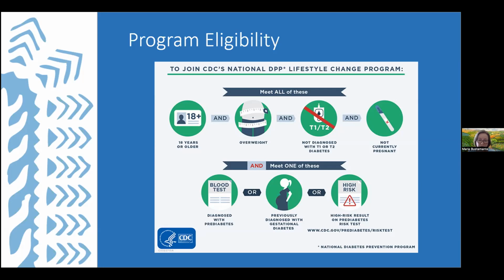You will also need to meet one of the additional requirements, which is to have a blood test diagnosing pre-diabetes, or to have had gestational diabetes, or to be at high risk on the pre-diabetes risk test, which is available on the CDC DPP website.